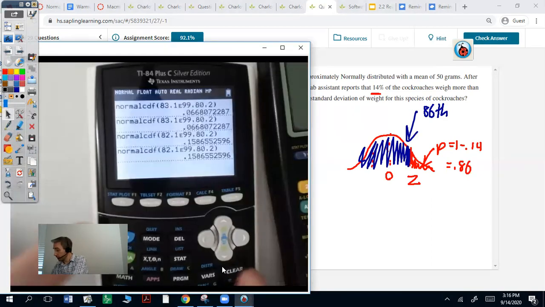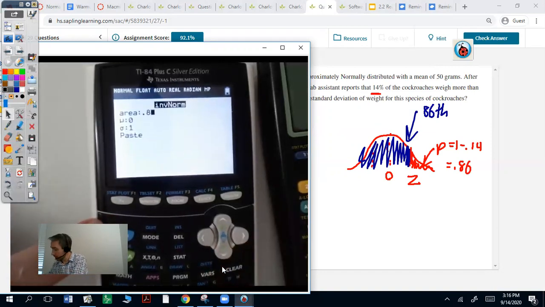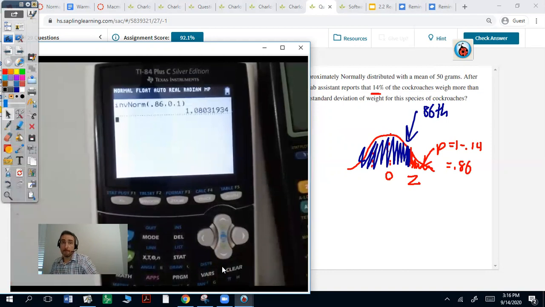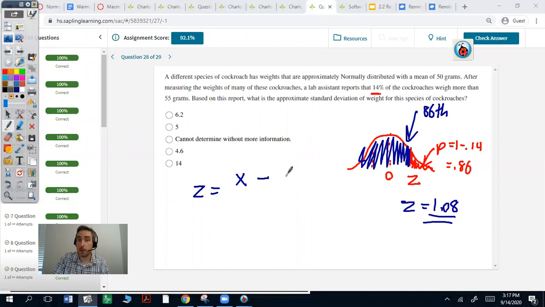So what we do is second vars, inverse norm. We do 0.86. Leave that at 0 and 1 because we don't know the standard deviation, so we can't go messing with that yet. Now we know that z-score is 1.08. So we're going to do a little algebra. Z is 1.08. Remember, z is the value minus the mean over the standard deviation.